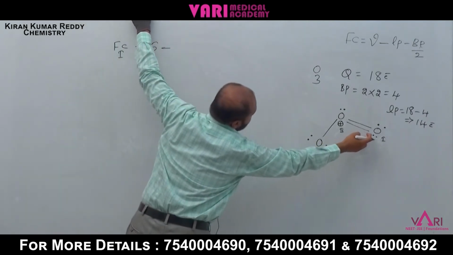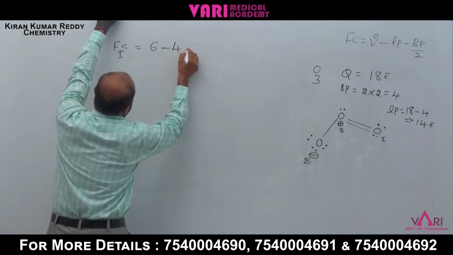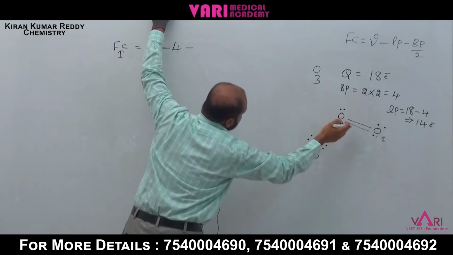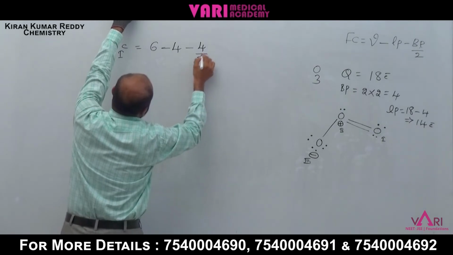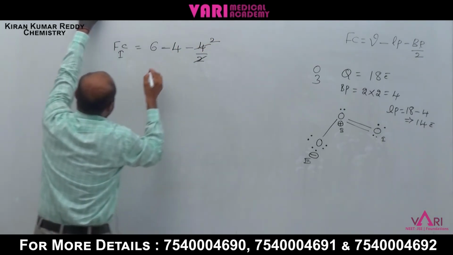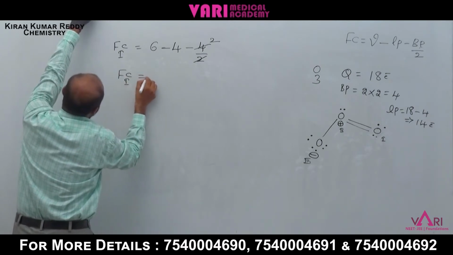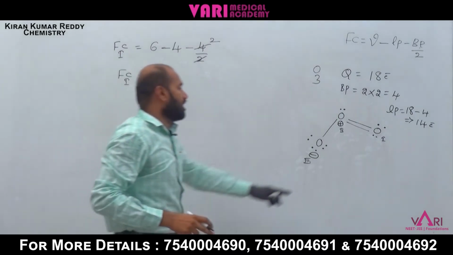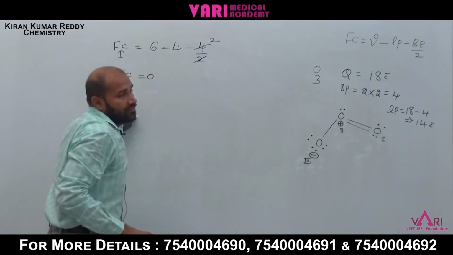Next, how many lone pairs? 1, 2, 3, 4. 4 minus. Now bond pairs, tell me, 2 into number of bonds, 2 twos are 4, 4 by 2. That is 2. 6 minus 6, so the formal charge of the first one is 0. Here no formal charge is present. 0 only. Okay. Now next.